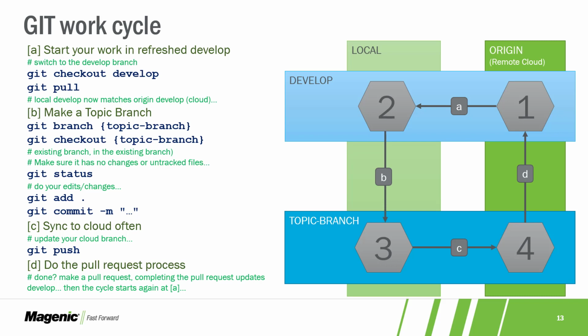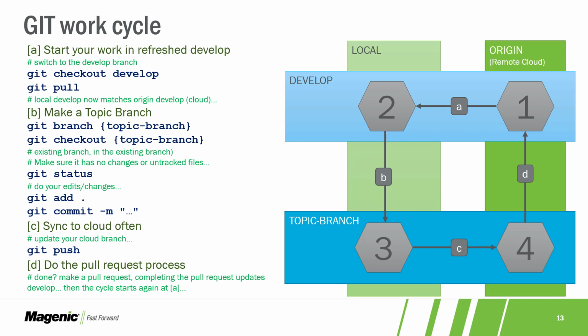And as we add commits to our topic branch, the head pointer in the topic branch is going to move and we'll have a series of commits. And so we're going to work along adding, committing, pushing to our remote over and over and over again. And we're going to do that until our code is worthy, or at least we think it's worthy. And then in step D, we're going to do a pull request.